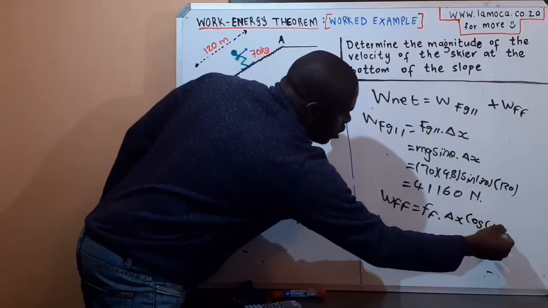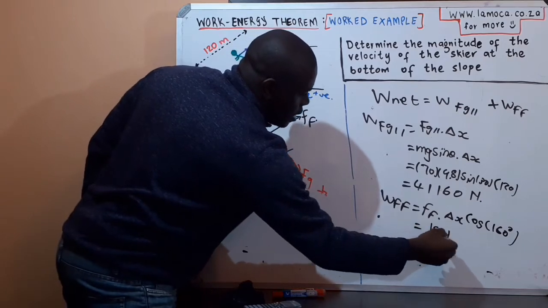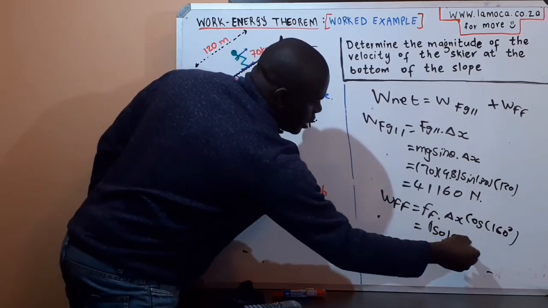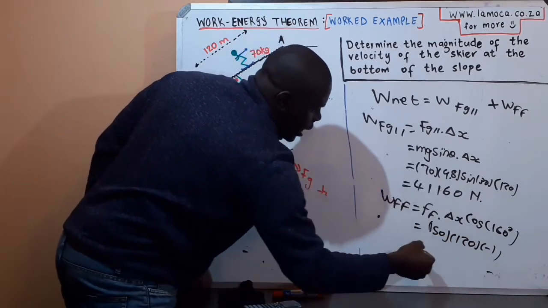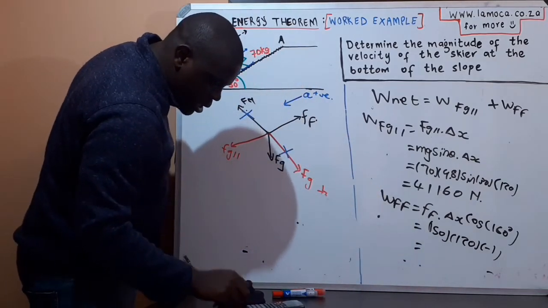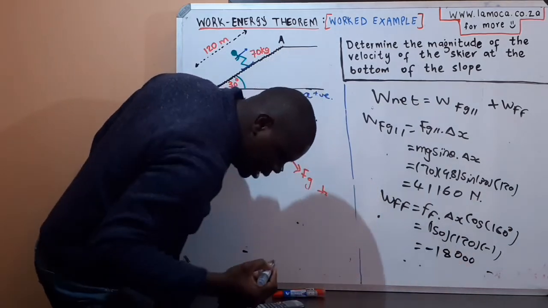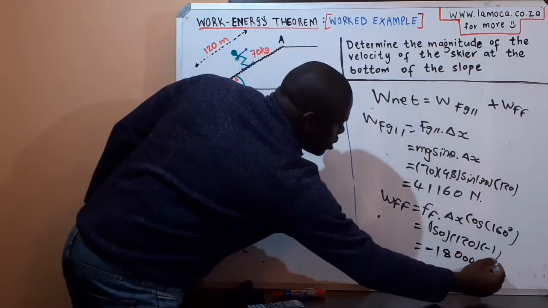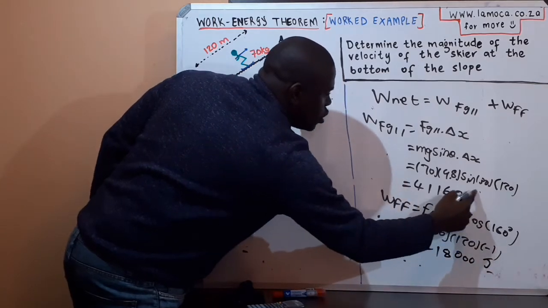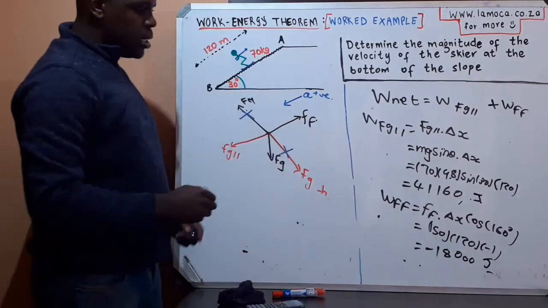So the frictional force is 150 times 120, which is our displacement, times -1. You get a negative 18,000 joules. Excuse me, that's not newtons. We are not looking for the force, we are looking for the work. It's measured in joules.